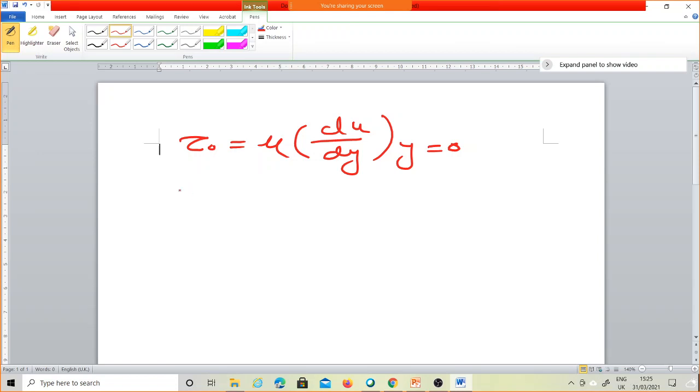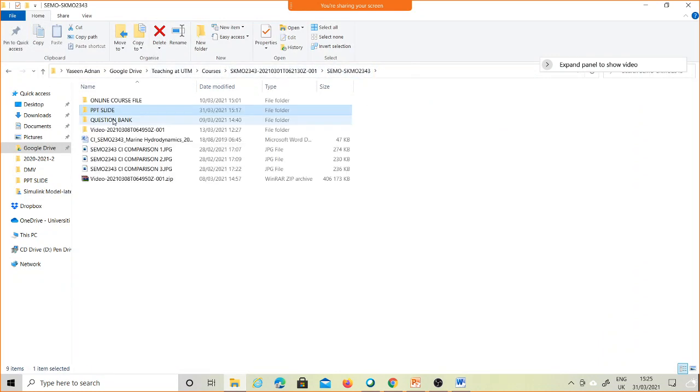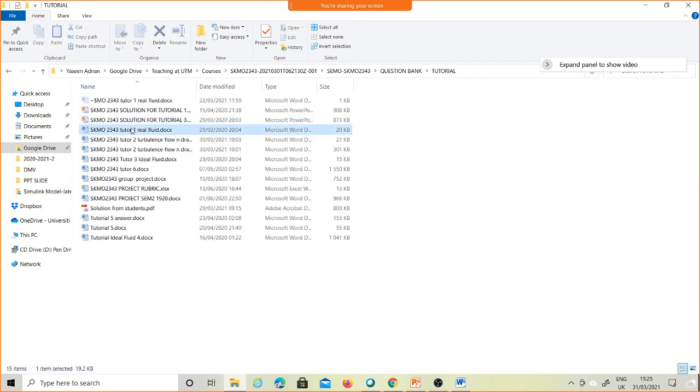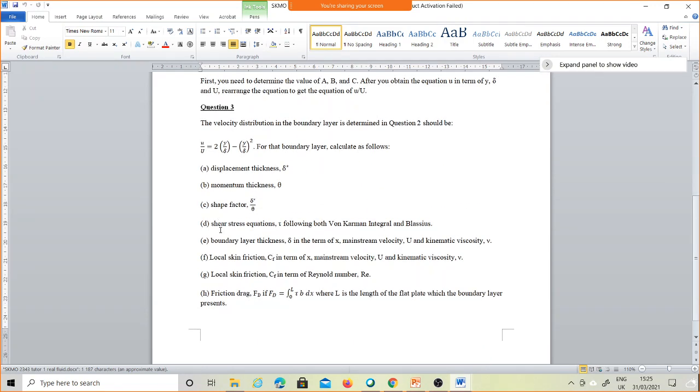On the other hand, in the question it is said that the shear stress equation tau should follow both the von Karman integral and the Blasius form.